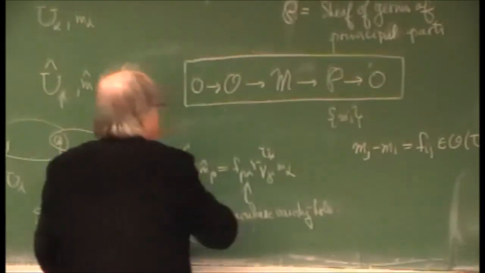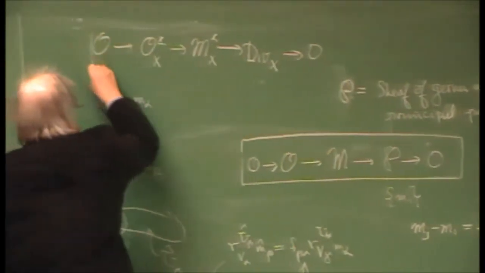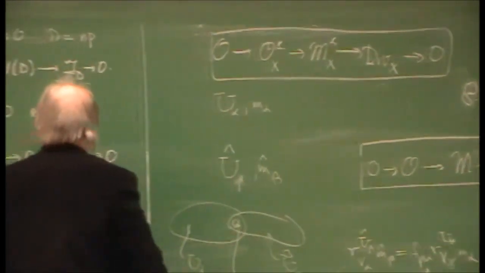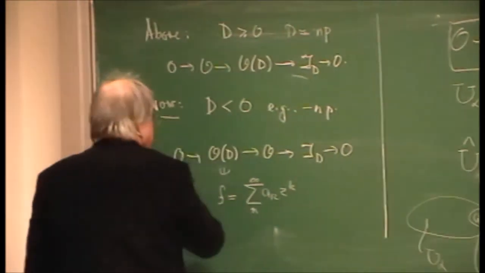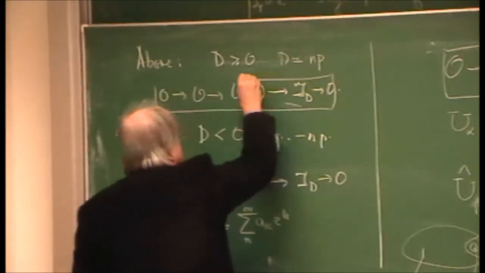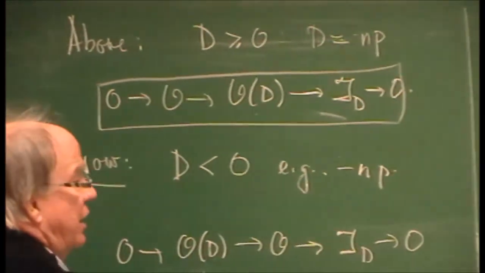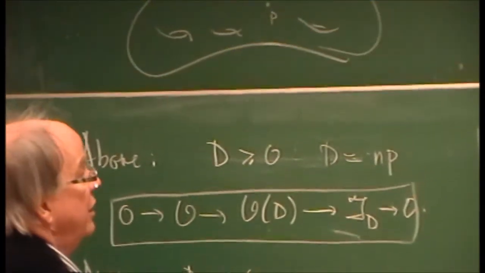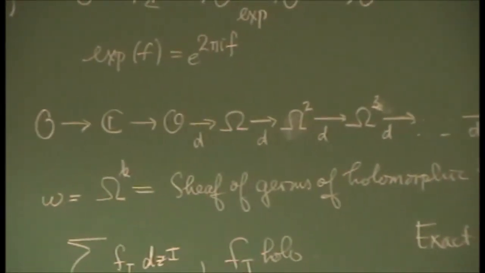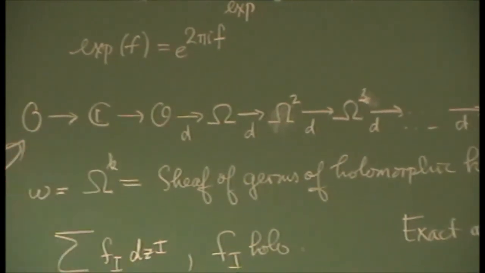Here's one, the principal part exact sequence. The divisor exact sequence. And I like very much these sequences here. These are extremely useful sequences where the skyscraper sheaves occur. This is what we call the holomorphic de Rham sequence.